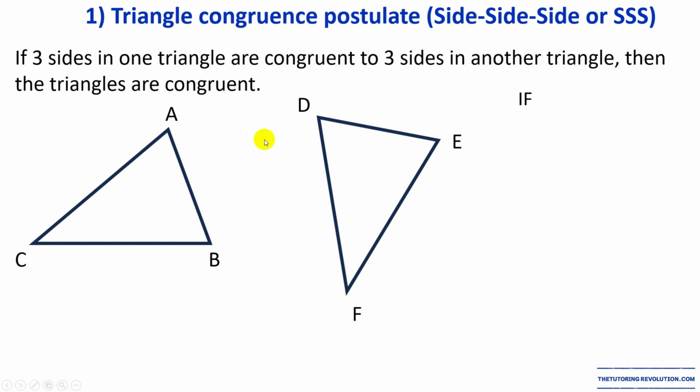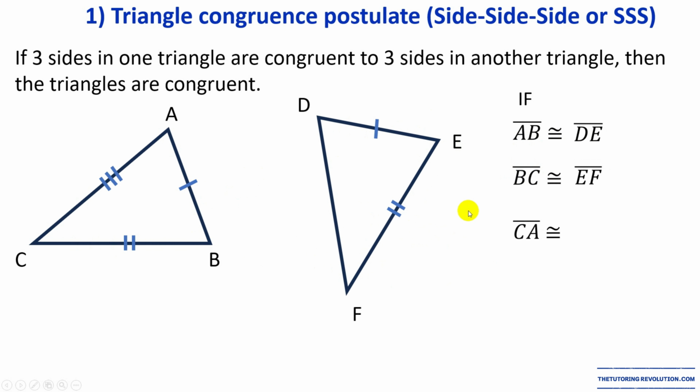So here we have 2 triangles, and we say if side AB is congruent to side DE, and side BC is congruent to side EF, and side CA is congruent to side DF, then triangle ABC will be congruent to triangle DEF.